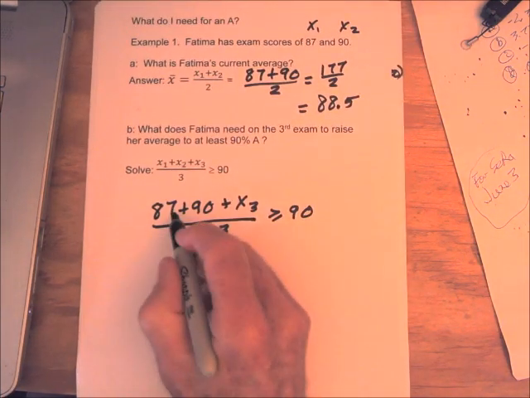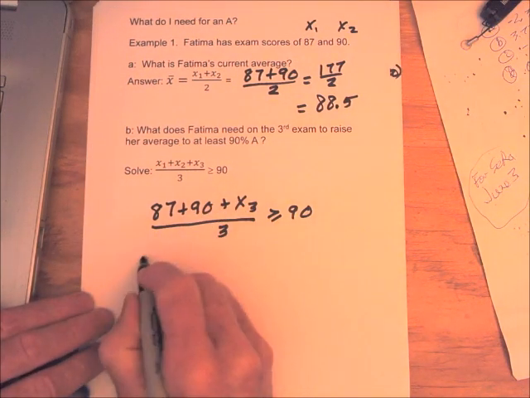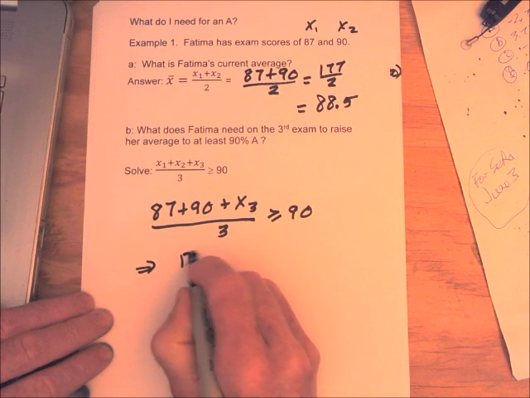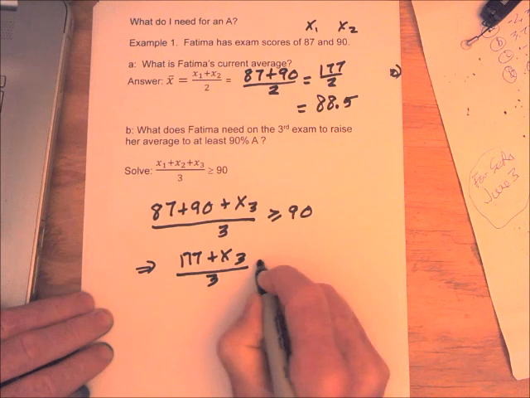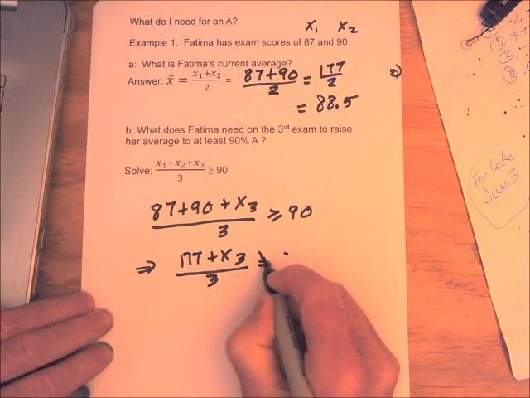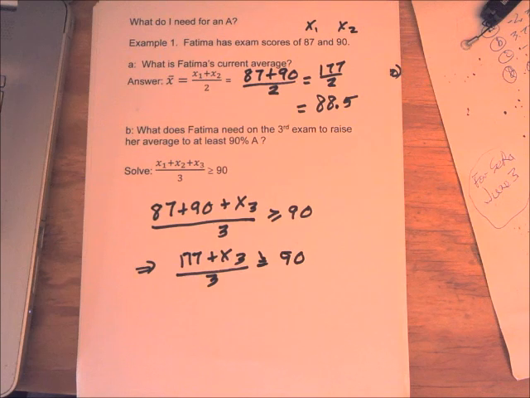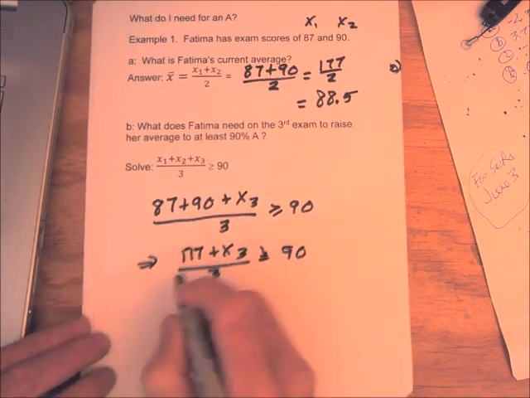So we can add the 87 and 90. We can't add the X3 yet because we don't know what that is. But we'll have 177 plus X3 over 3 is greater than or equal to 90. Now we want to solve for X3, the third exam score. We want to get the 3 out of the denominator, so multiply both sides by 3.